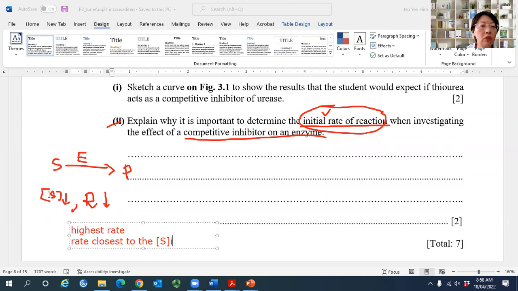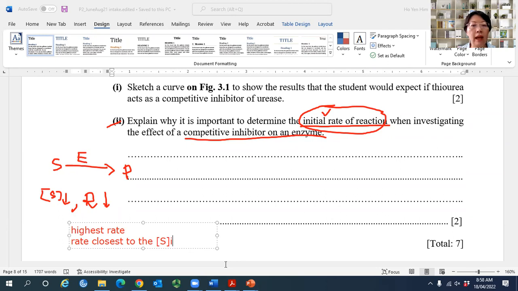When the concentration drops, the rate will drop. So the highest rate is right at the beginning, which is called the initial rate, when the substrate concentration is the highest and closest to the reported substrate concentration that you use. So that will be the most accurate rate that you need to measure.